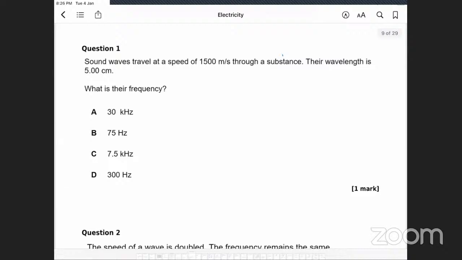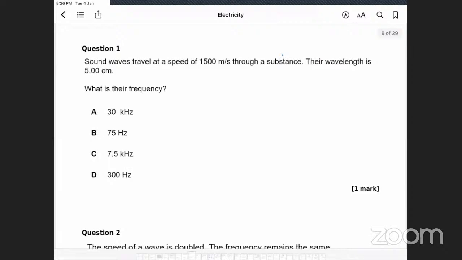I've structured them on looking at the basics, the foundations of waves first, and then we go in deeper, looking at reflection, refraction, refractive index, diffraction, as well as sound. When looking at the types of waves, you look at longitudinal waves and how to calculate the speed of sound. Those are the questions we want to look at today. We'll start with the multiple choice and then look at the structured questions.